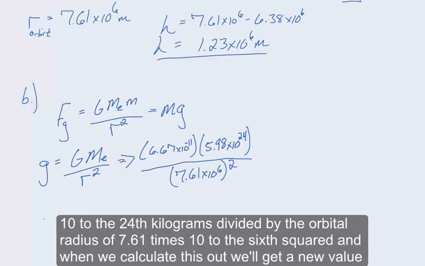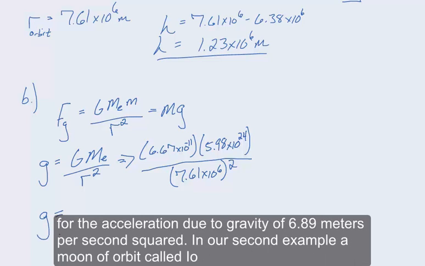And when we calculate this out, we'll get a new value for the acceleration due to gravity of 6.89 meters per second squared.